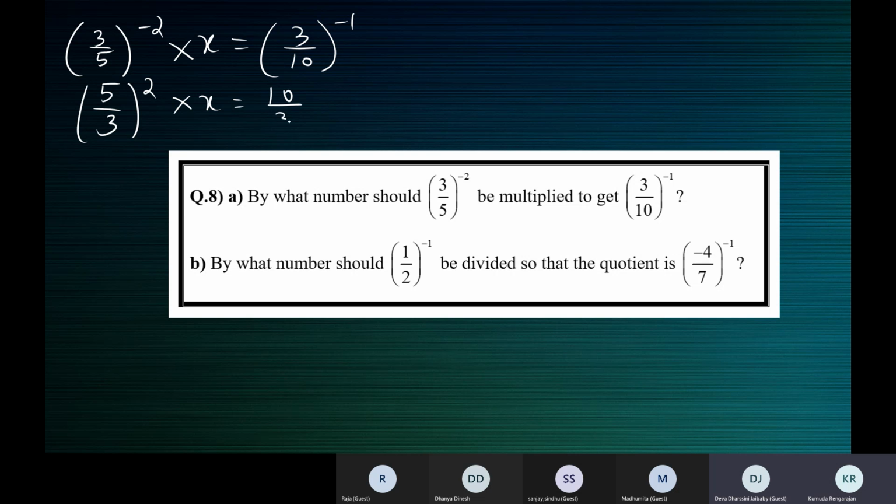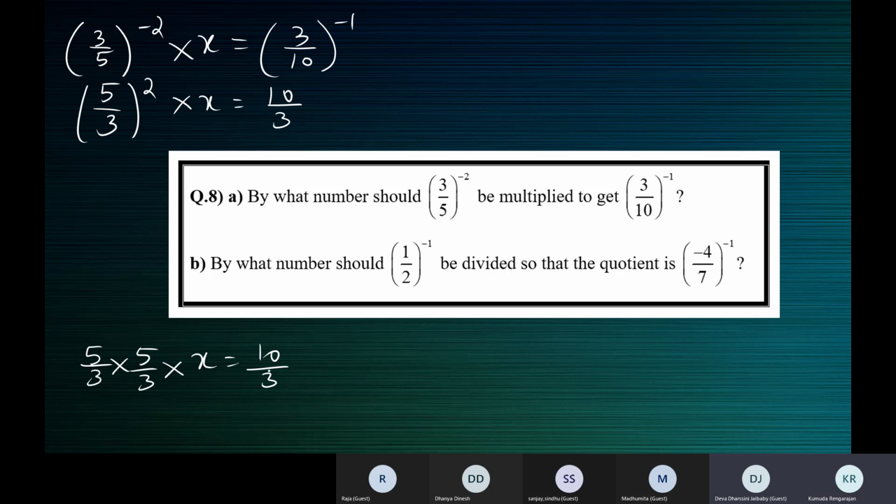Next, let us simplify. Let us write this one as 5 by 3 into 5 by 3, which is 25 by 9.